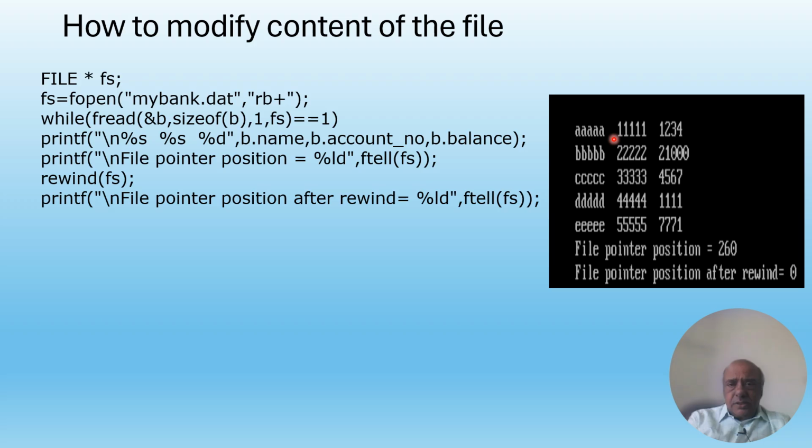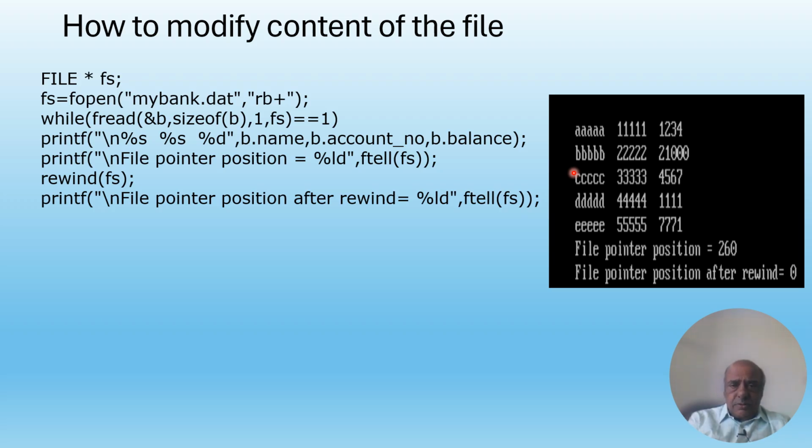One is named AAA, then there is 11111 as the ID of that particular record, and there is a balance of 1234 in the account named AAA. Similarly, there is another record which represents the data of another person.